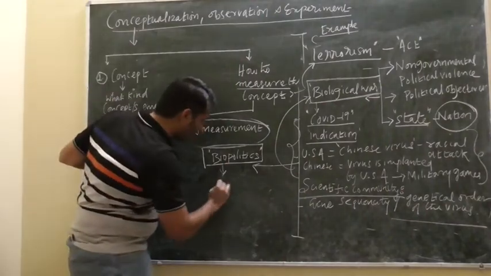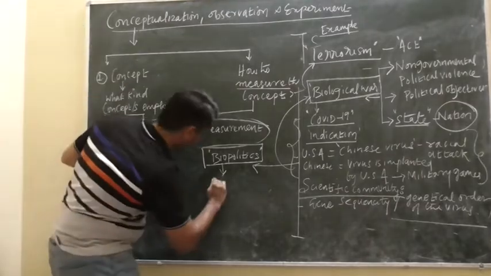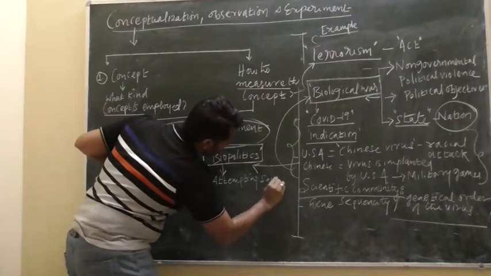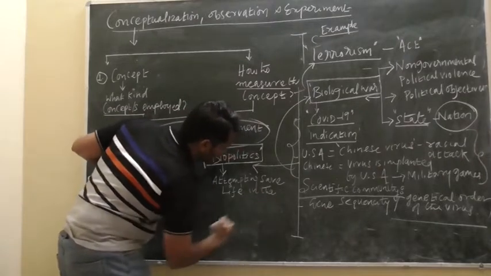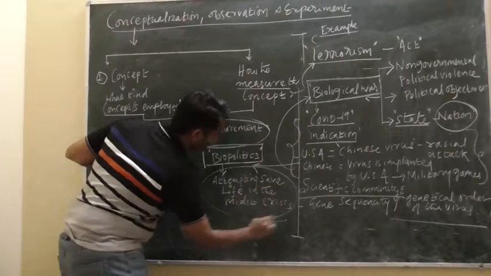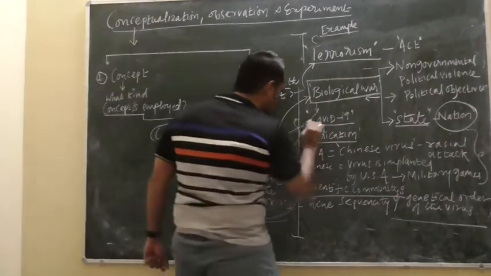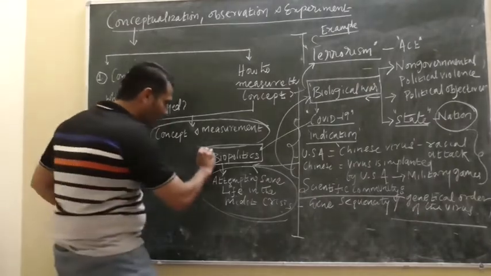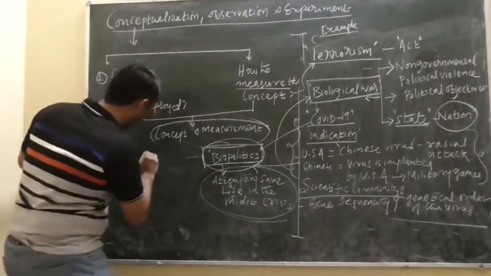Biopolitics is about how an individual attempts to save one's life in the midst of a crisis or disaster situation. This is the idea behind biopolitics, which could be linked to the emergence and spread of diseases. This is what we are trying to understand as a concept.